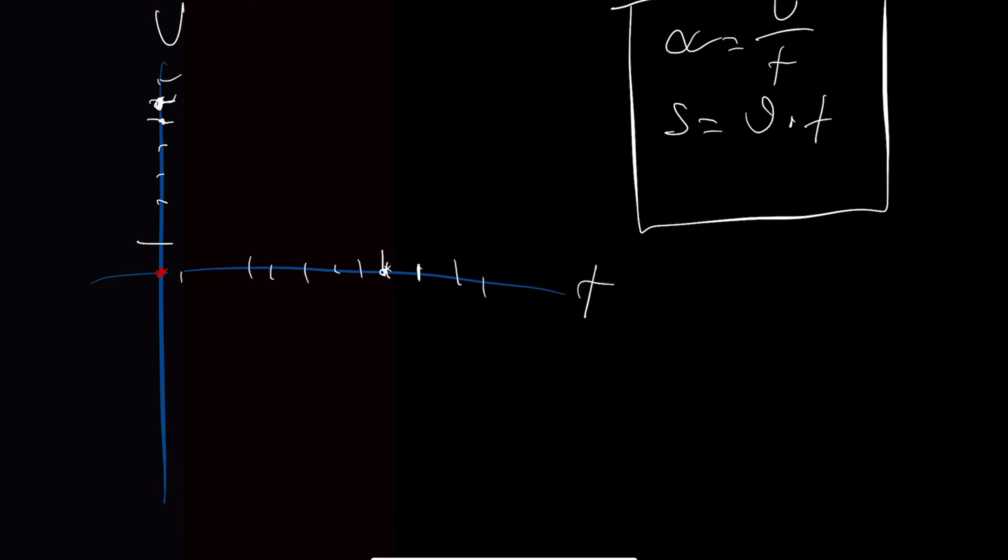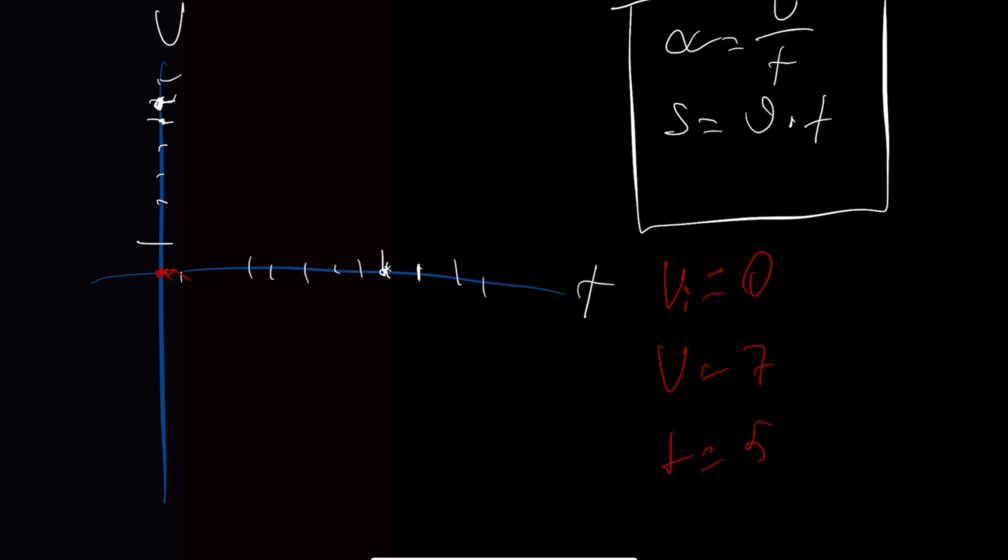Now we have another case where the velocity-time graph is the same, but velocity is changing over time. What do I mean by that? We might have an initial velocity of 0, and the final velocity is, let's say, 7, and the time is 5.